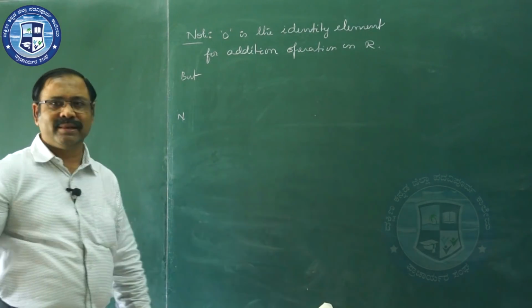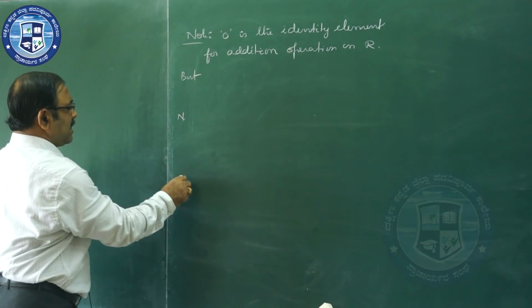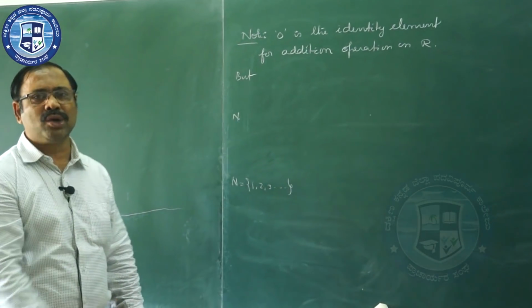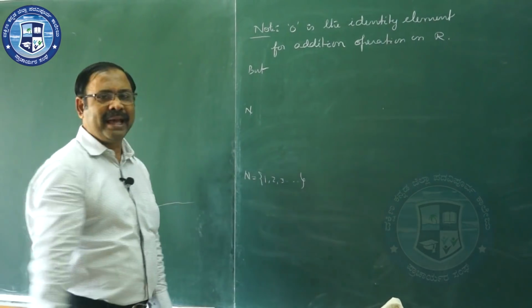What about N? N is the set of natural numbers. See, N is generally equal to 1, 2, 3, etc. Right? Does 0 belong to N? Therefore, do we have an identity element for addition in N?